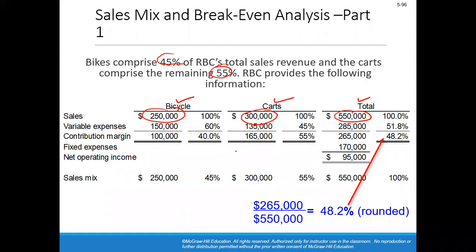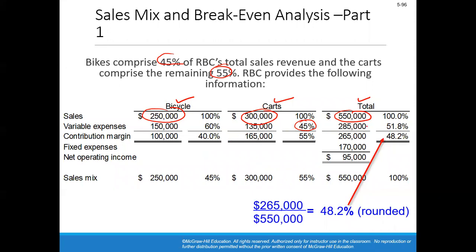If we see the variable expenses, these are different. In bicycle, the variable expenses are 60% of the sales price, so the contribution margin is 40%. And fixed expenses are shown in total here. In the case of cart, the variable expense portion is lower, only 45%, so they have a bigger contribution margin compared to bicycle.